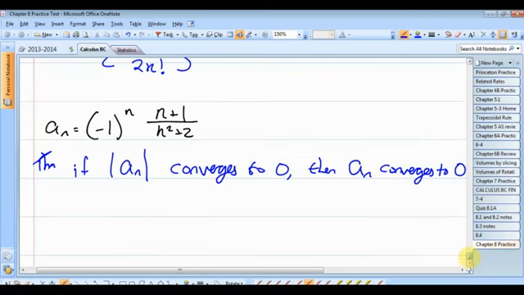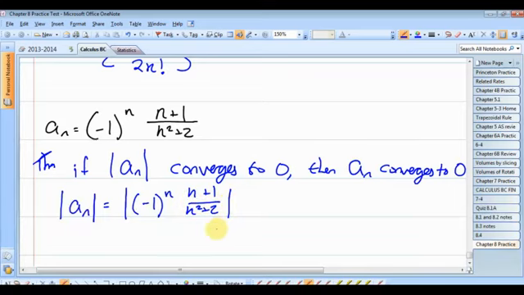So we can't do the regular exponent rule that we do usually? Not yet. So let's see. The absolute value of a_n in this case is the absolute value of (-1) to the n plus 1 over n squared plus 2, and that's just equal to n plus 1 over n squared plus 2.